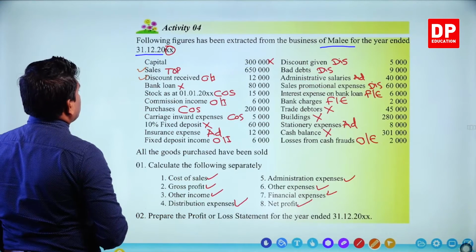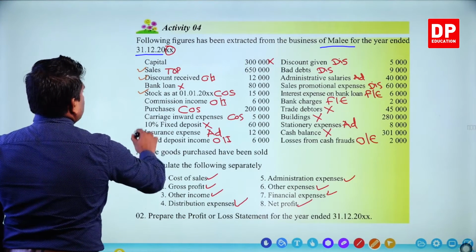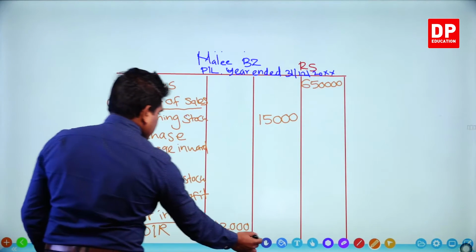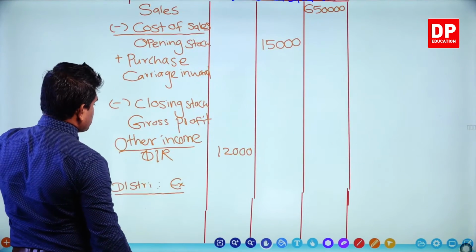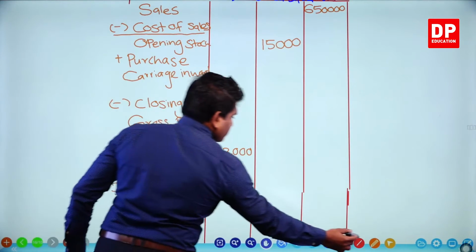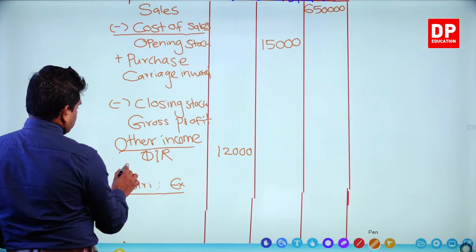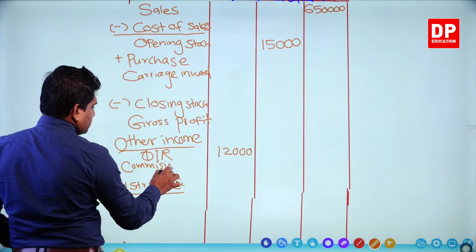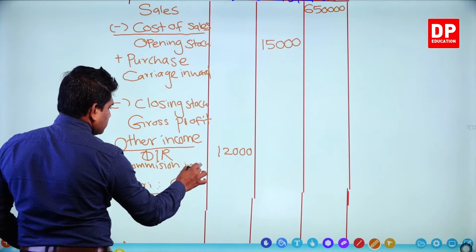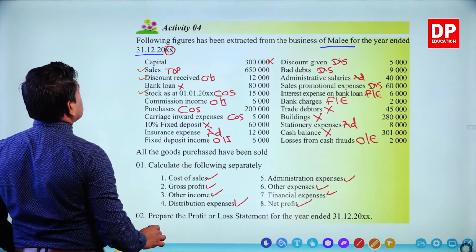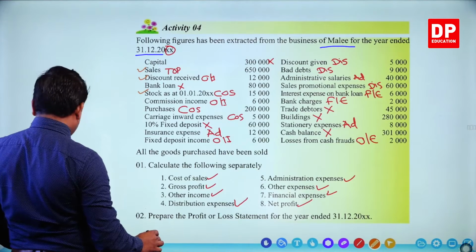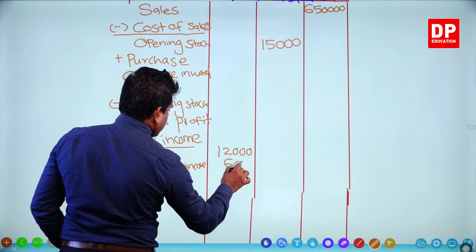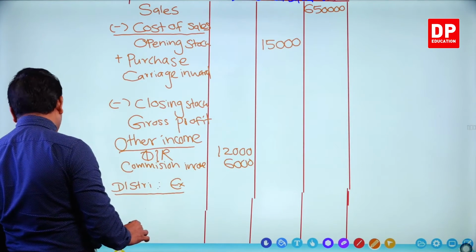Now next one. Commission income, other income. Where do we put it? Under the other income category. We write commission income. See the amount, 6,000. Okay. We put it under the other income category.